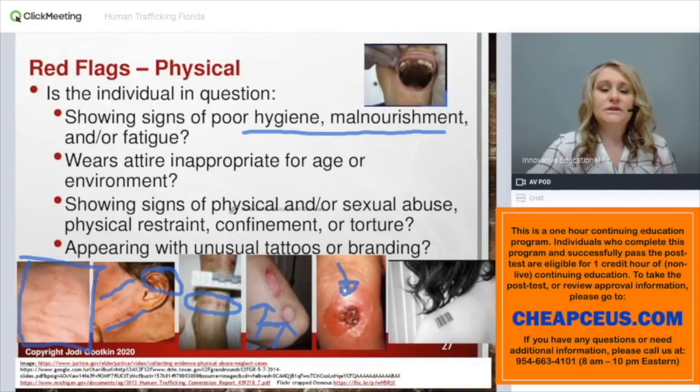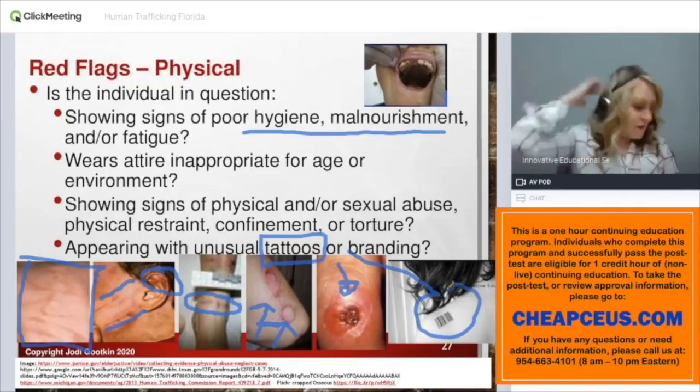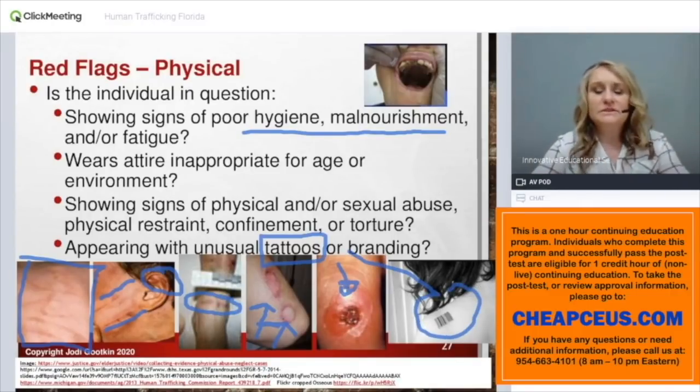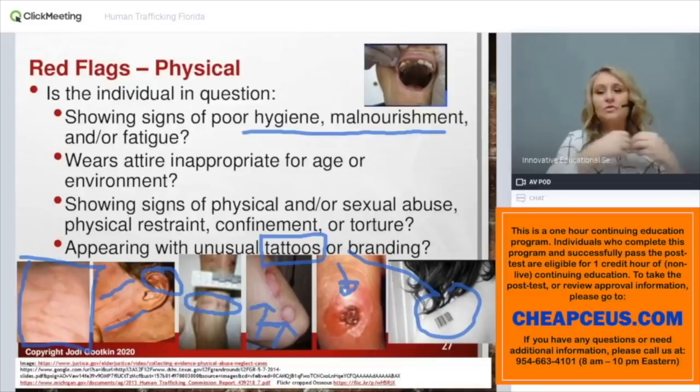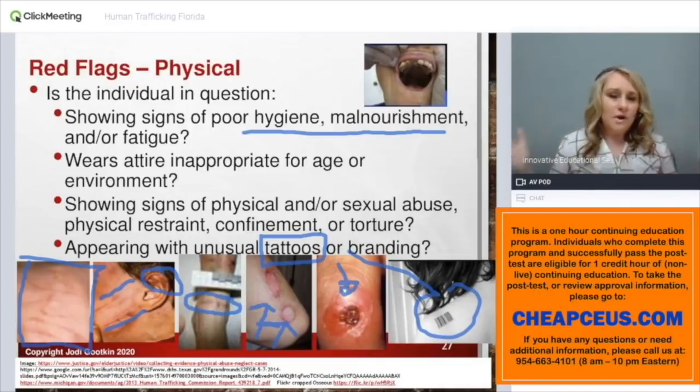Looking at tattoos, I've actually spoken with individuals who are in law enforcement, and they have relayed stories to me, or I should say cases, where individuals have presented with tattoos that are actually barcodes. And oftentimes it's found on the nape of the neck. Sometimes individuals have a type of tattoo that is going to say something, property of or belongs to, to identify them. Any unusual tattoos, branding, combined with other indicators might let you know that someone is a victim of trafficking.